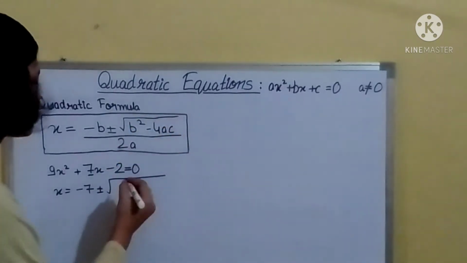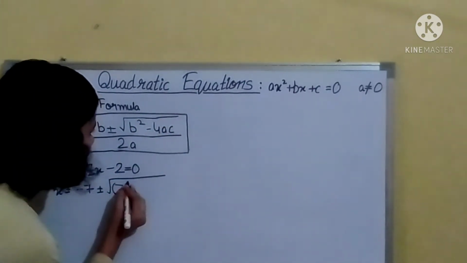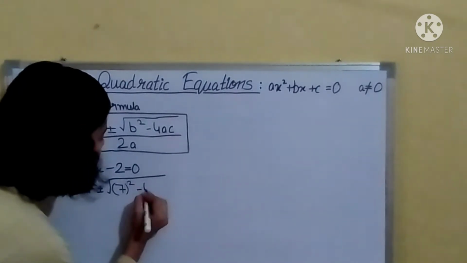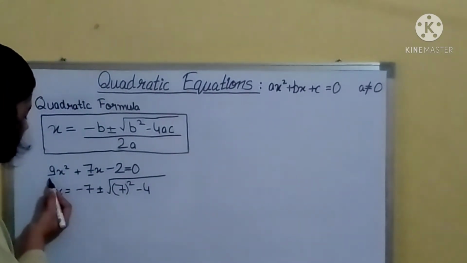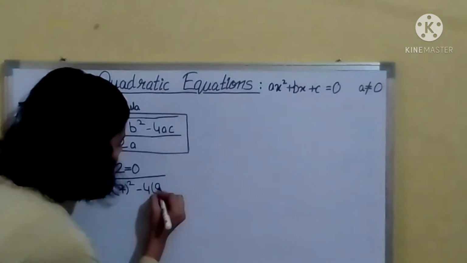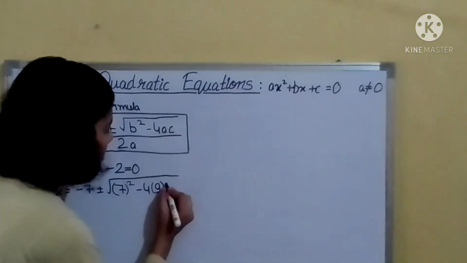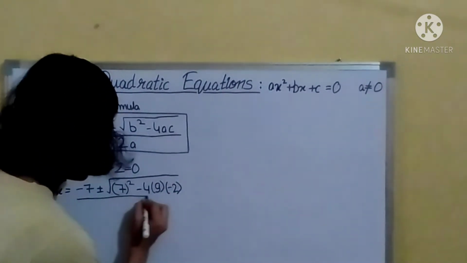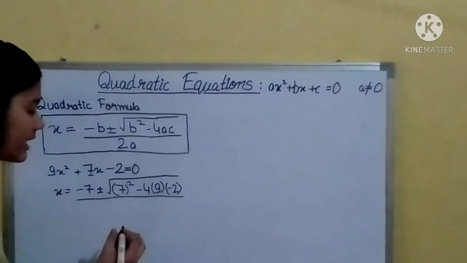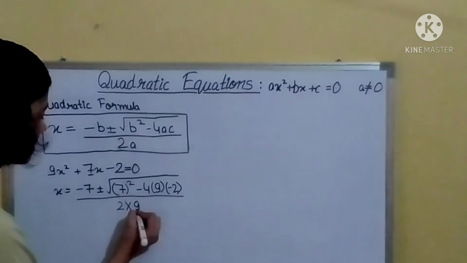Then b square, so here we will write 7 square minus 4 AC. Then what is A? 9. And then what is the value of C? It's minus 2. Divided by 2A, means 2 multiplied by 9.